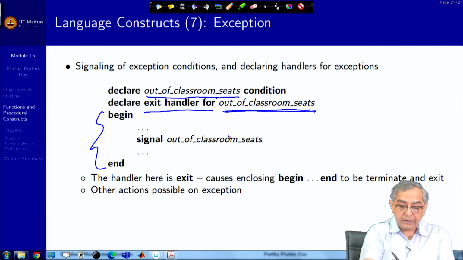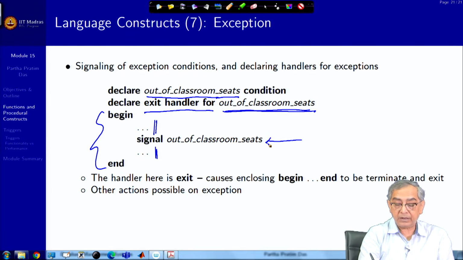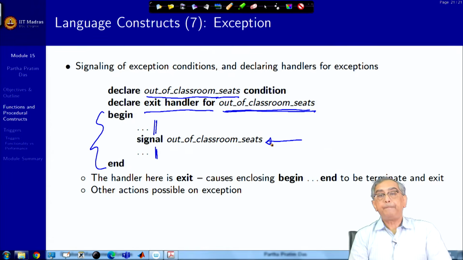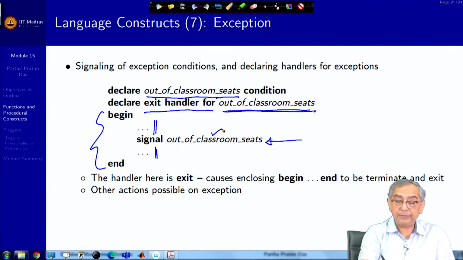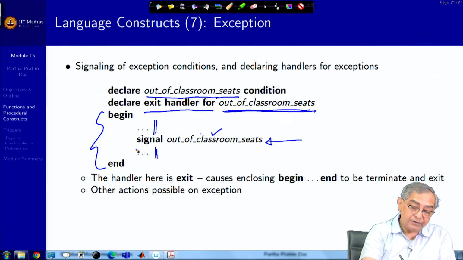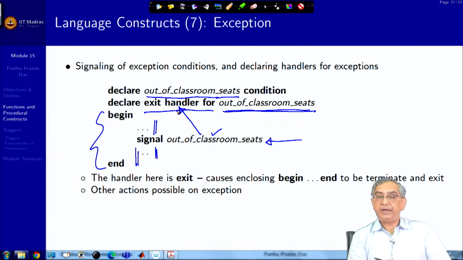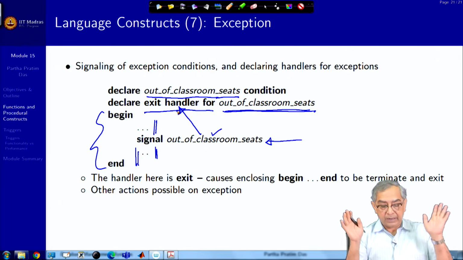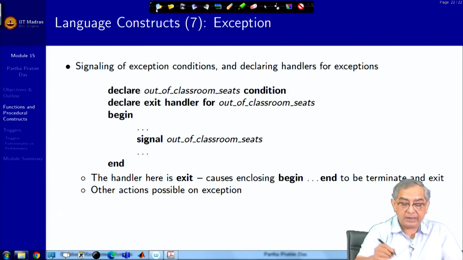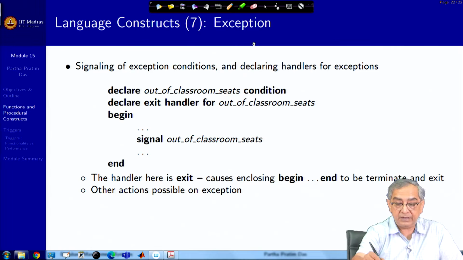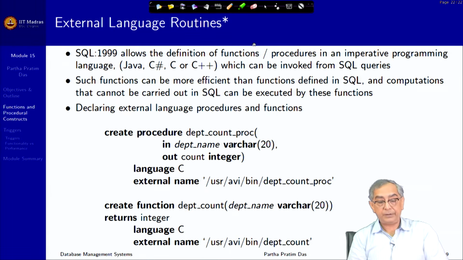If you come across a situation where the exception condition has arisen, for example, the class is full and still you are trying to add a student, then you will signal this exception, which will terminate this and take you to the handler. The handler being exit, it will not do anything further, but there could be other possible exceptions and handlers. I did not want to go into details of this, they are just additional features.